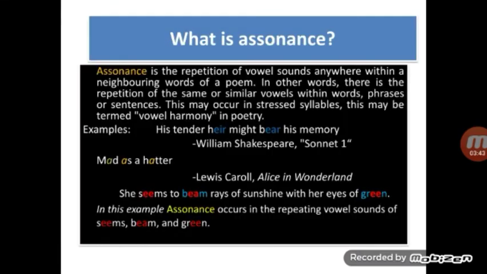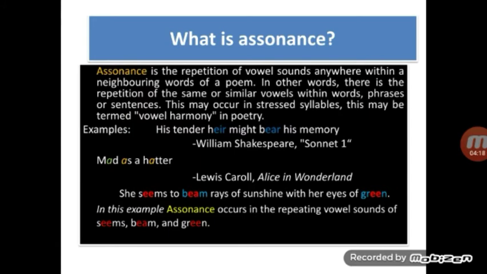And there is another term we have here: what is assonance? This is another term that is frequently asked along with alliteration, and students are confused, and we want to make it clear here. Please note it clearly. Assonance is the repetition of vowel sounds anywhere within neighboring words of a poem.